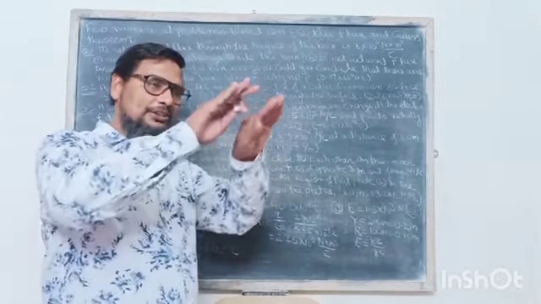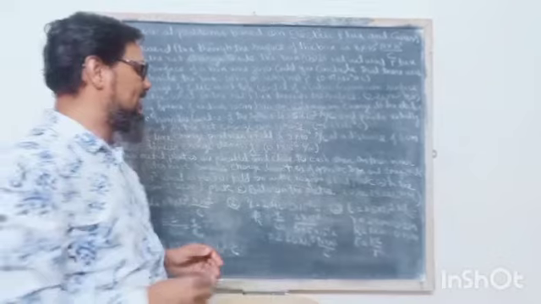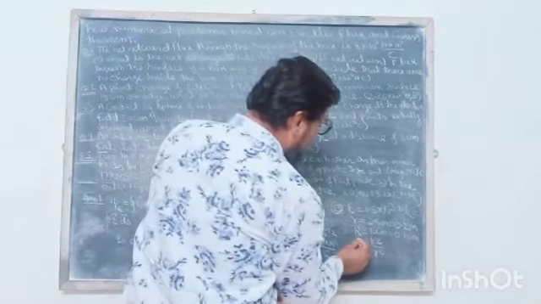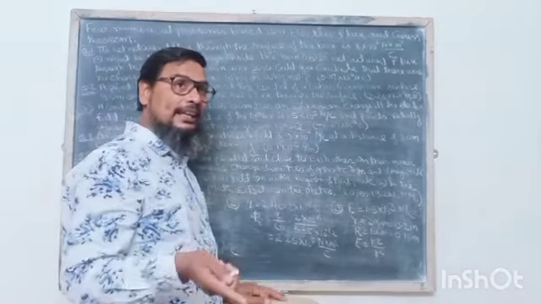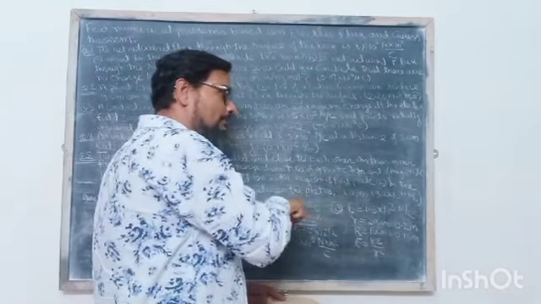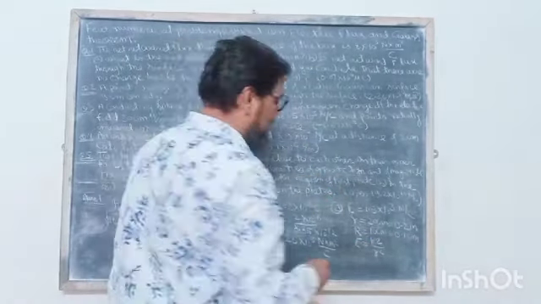Whole charge is accumulated on the surface of the sphere. So a conducting sphere can be assumed as a uniformly charged spherical shell, and the value of Q is equal to E r square upon k.